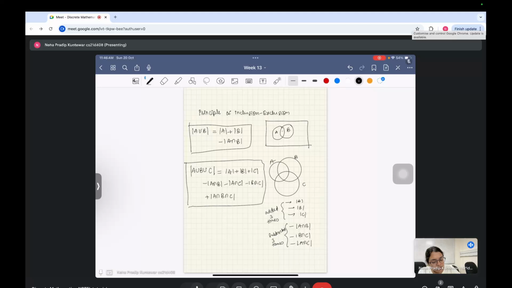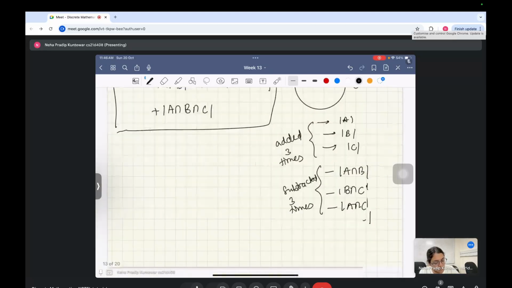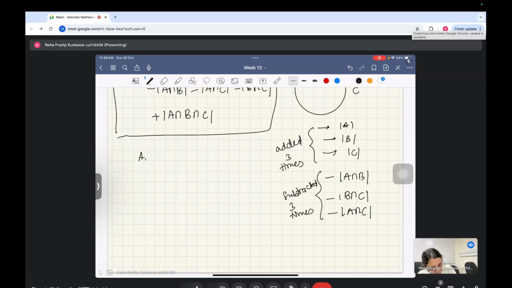And how do we write that? So if I want to find, you have say A1, A2 and so on up to AK sets, then the union of, maybe I'll write it this way.